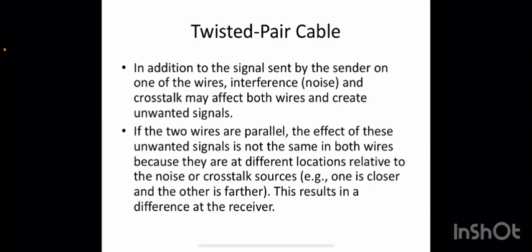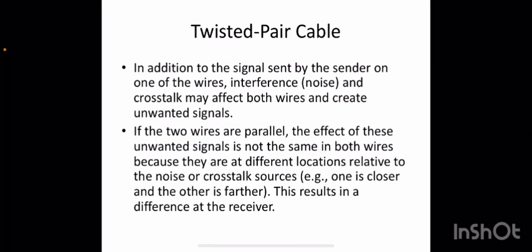So if you are using these two wires in parallel mode, what will be the problem we will see? If the two wires are parallel, the effect of these unwanted signals is not the same in both wires, right? Because they are at different locations relative to the noise or crosstalk sources. This results in a difference at the receiver. For example, if we are keeping these two wires as parallel wires, the source of noise will always be closer to one of the wires and further from the second wire, right?